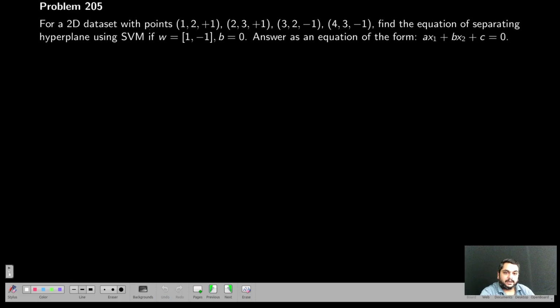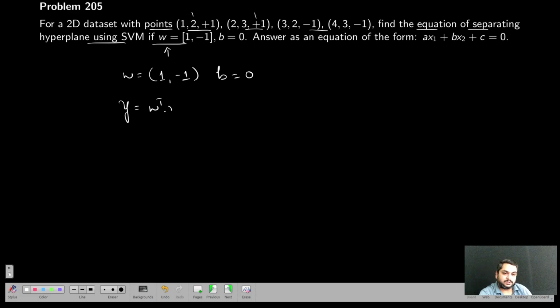For a 2D data set with points, they are given these points. Find the equation of separating hyperplane using SVM. These points we do not require because they are already given this W. So W, the weight vector, is 1 comma minus 1 and intercept is B equal to 0. So you will write the equation as W transpose X plus B is equal to 0.